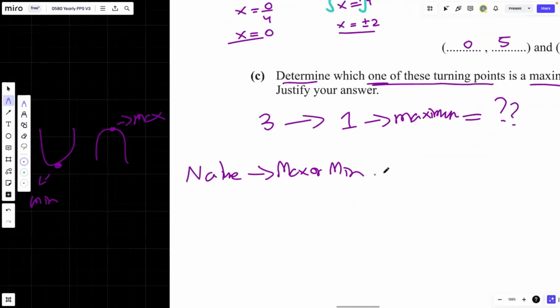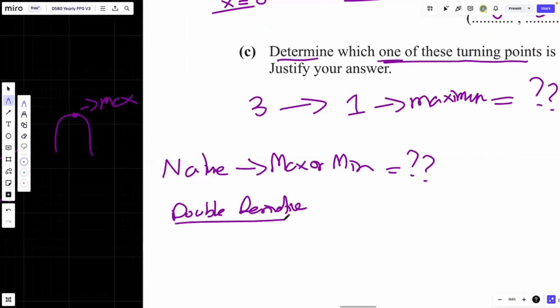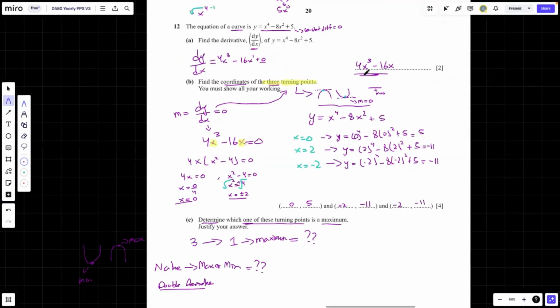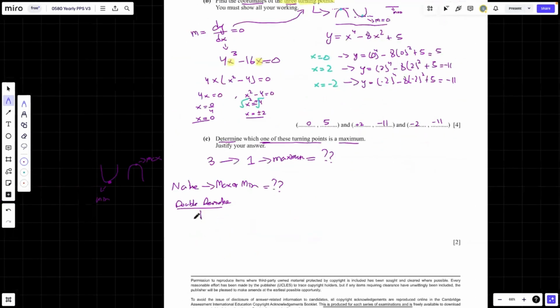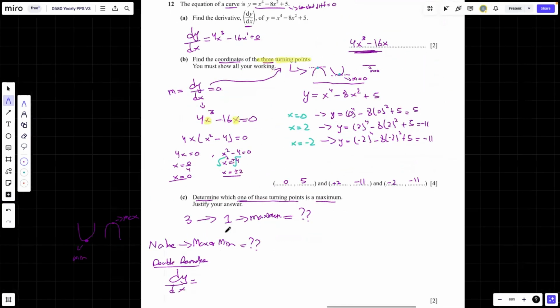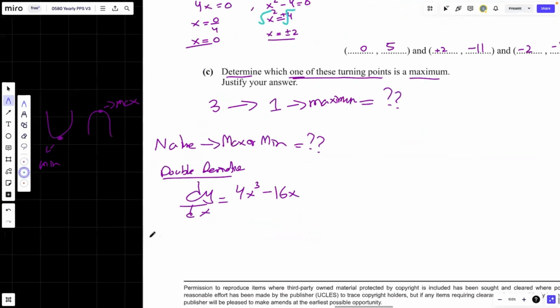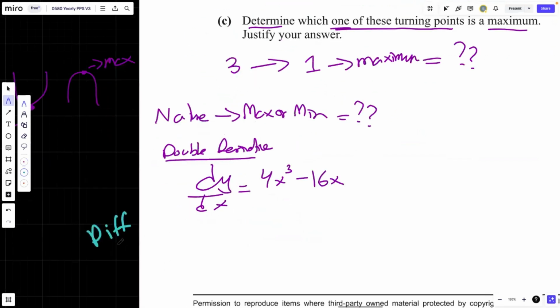To figure out the nature, we use the double derivative. So we'll have to differentiate the differentiated version of it, which was this. We'll take dy over dx, which is 4x cubed minus 16x, and now we are going to differentiate again.